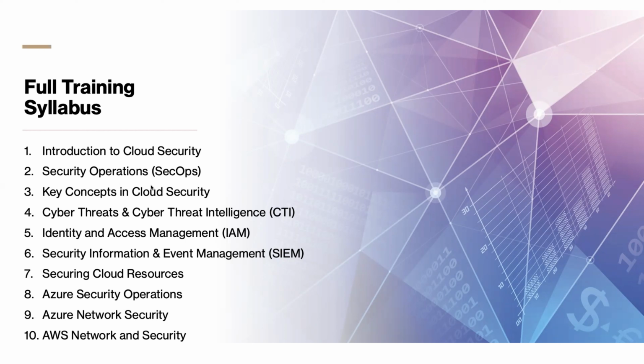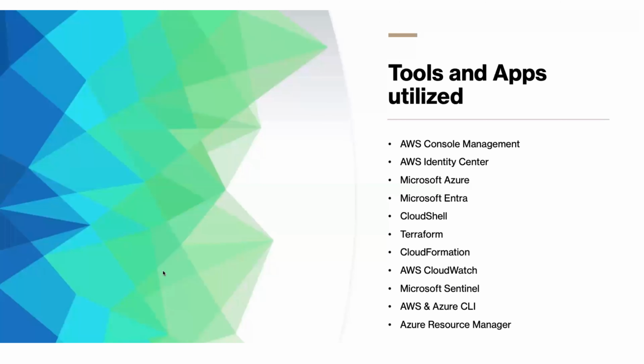We have our key concepts in cloud security, which we took a look at some minutes ago on the SCAR Stack Solution website. Then we have cyber threat and cyber threat intelligence, identity and access management, security and cloud resources, all of this good stuff. So let's jump to the next step.